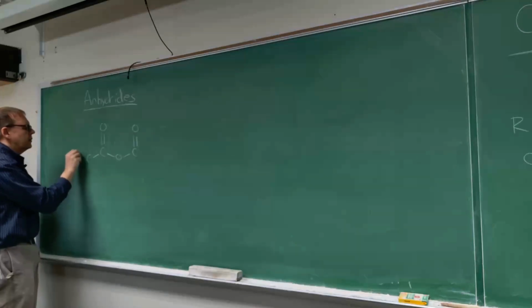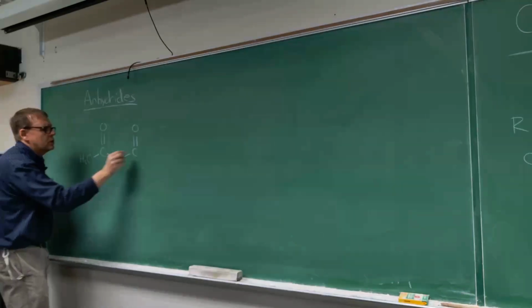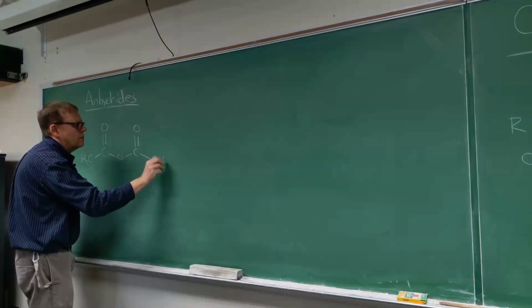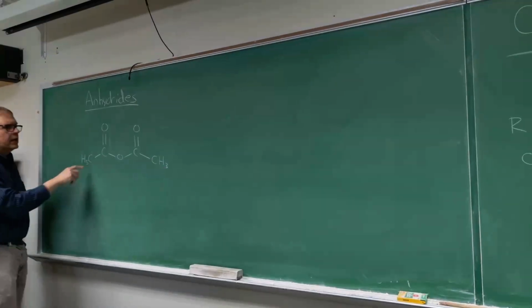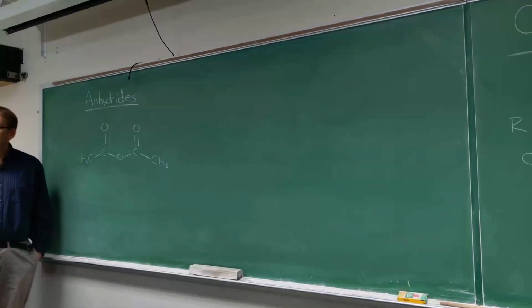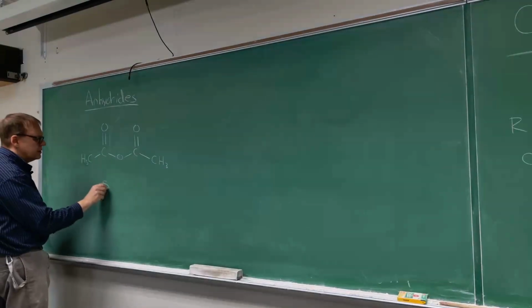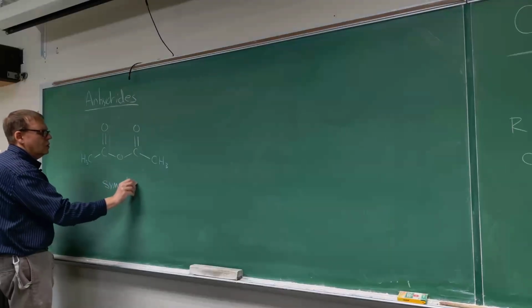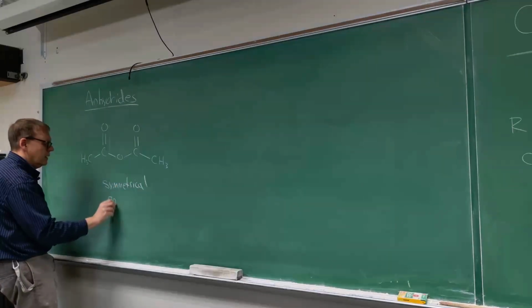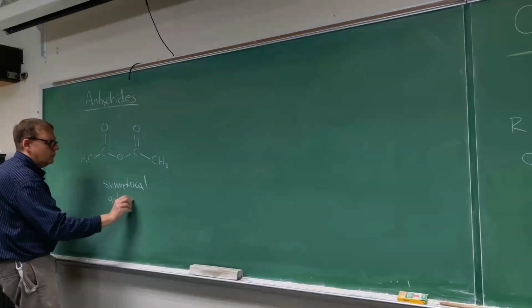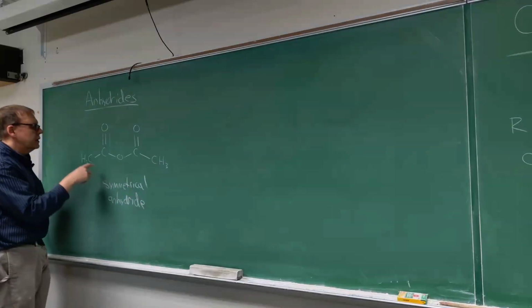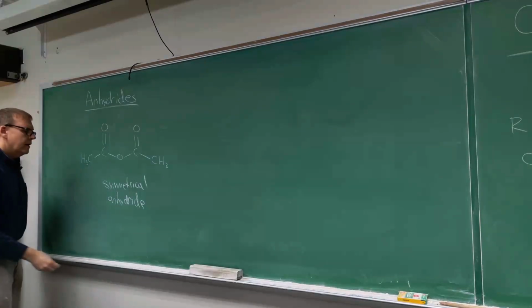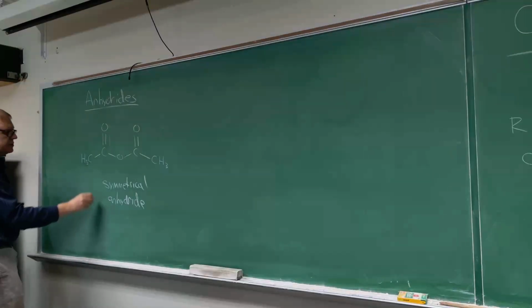So for example, here's one where the two groups on either side of the carbonyl are the same. This is sometimes called a symmetrical anhydride. This particular one is called acetic anhydride. This is an example of a symmetrical anhydride.